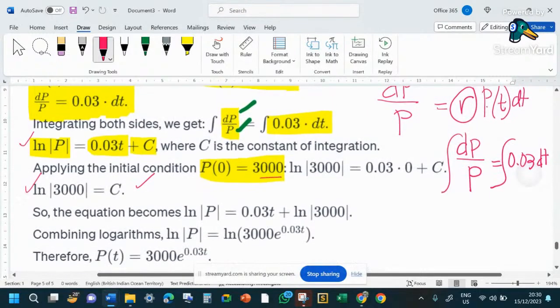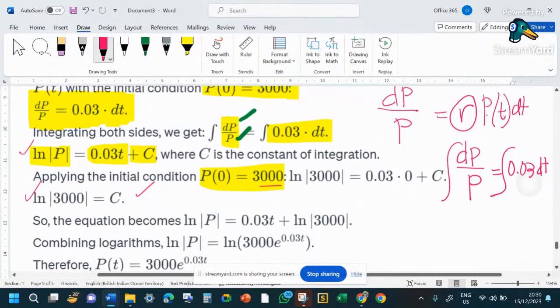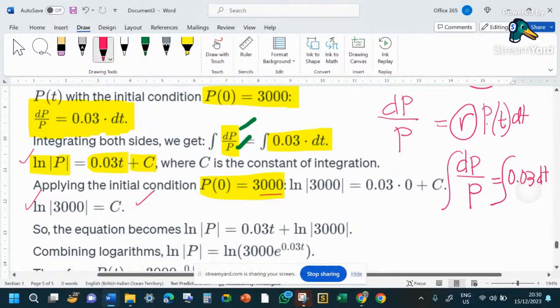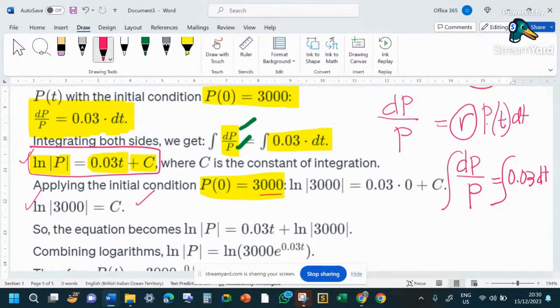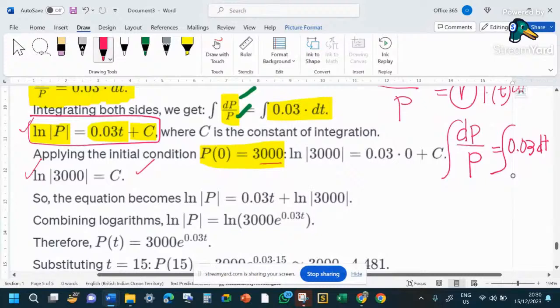Okay? Substituting c equal to ln 3,000 here, you will have ln P is equal to 0.03t plus ln 3,000.